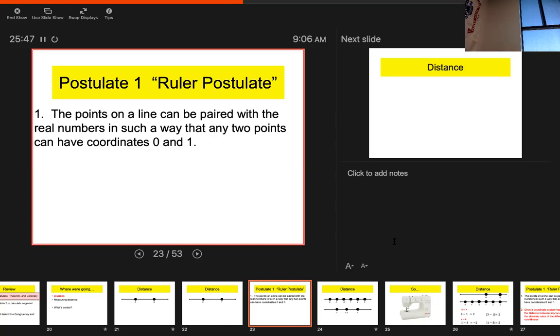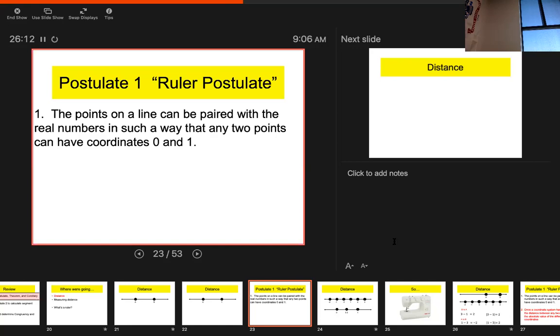The points on a line can be paired with real numbers in such a way that any 2 points can have the coordinates of 0 and 1. Rulers are arbitrary. Somebody came up and said, this is what we're going to call 0, and this is what we're going to call 1. Once that's done, you can make all the numbers to include decimals and fractions. How do you make a half?